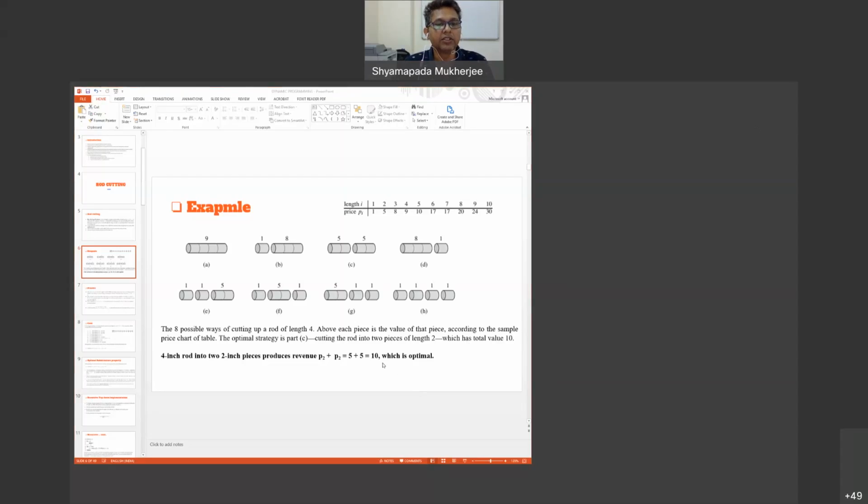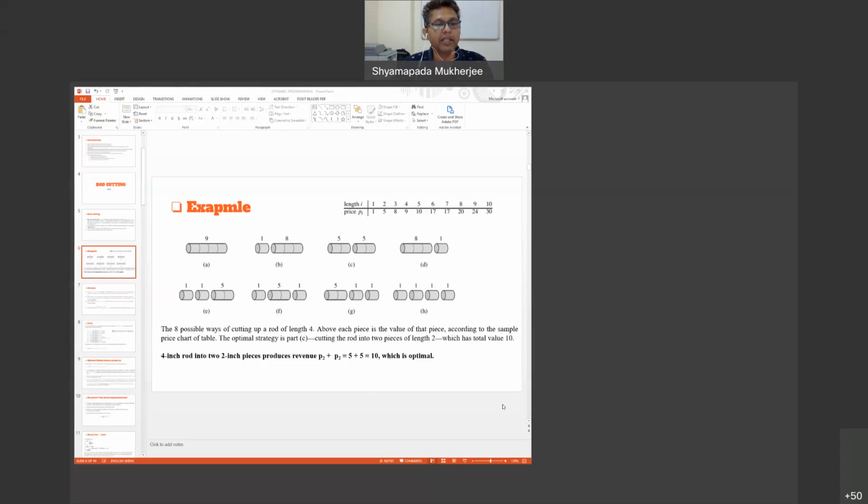From the table you can check that figure A has a rod of length 4 where we are not cutting at all. So the optimal value is 9.